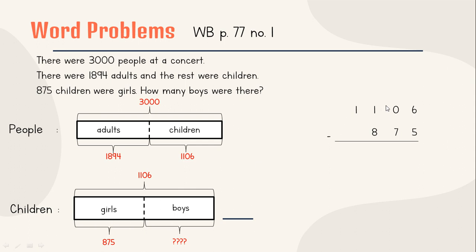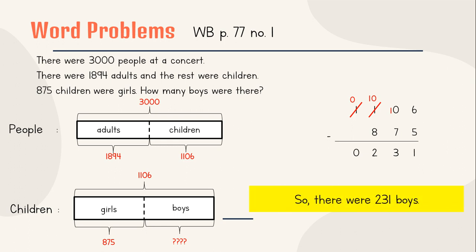So 1,106 minus 875. 6 minus 5, 1. 0 minus 7 cannot, borrow 1. 3 and 2. So how many boys were there? 231 boys. Now, do you realize something?